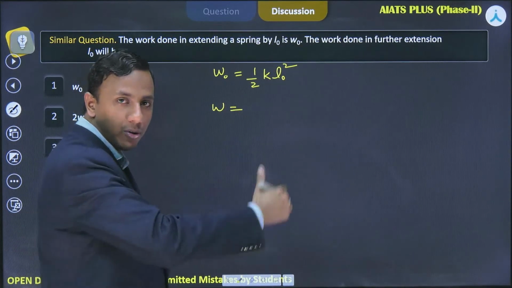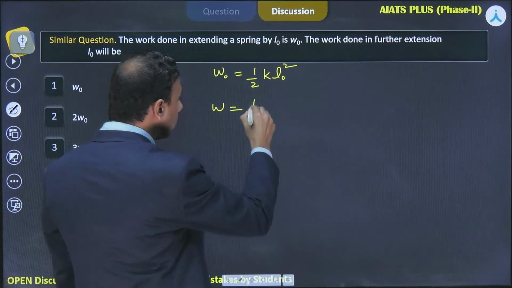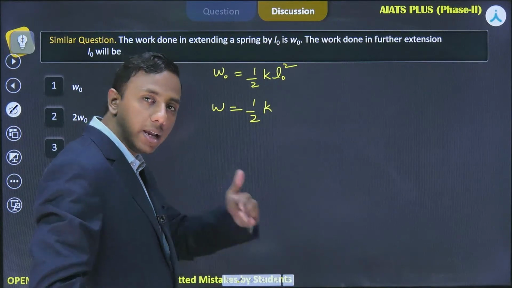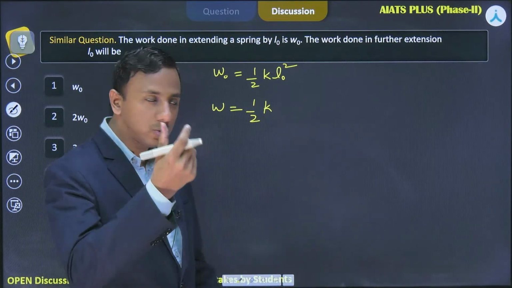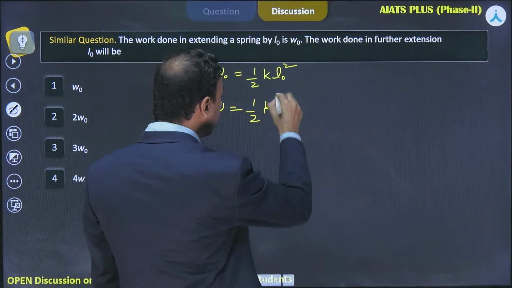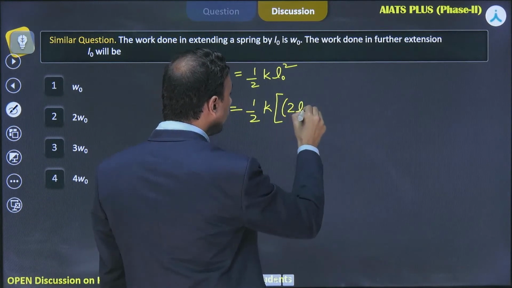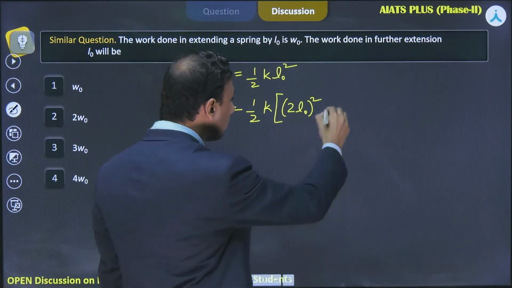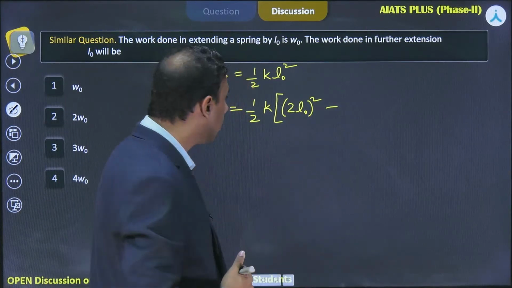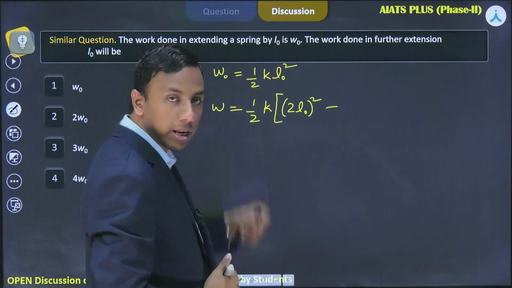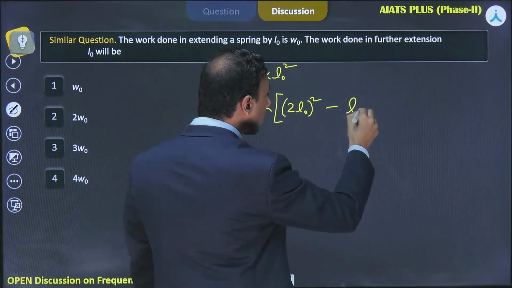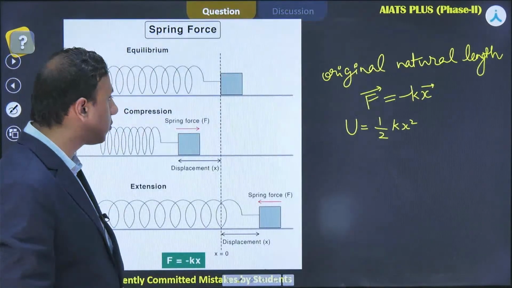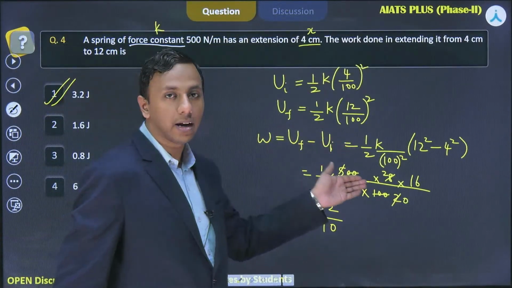So for further extension, what will be the work done? Just now I told you, UF minus U initial, right? So half k, what will be the total extension? L naught plus L naught. So it is 2 L naught, isn't it? Let me write like this, 2 L naught whole square, finally, minus initially. So initially it was L naught only, right? Just like the last one, exactly what we did over here.